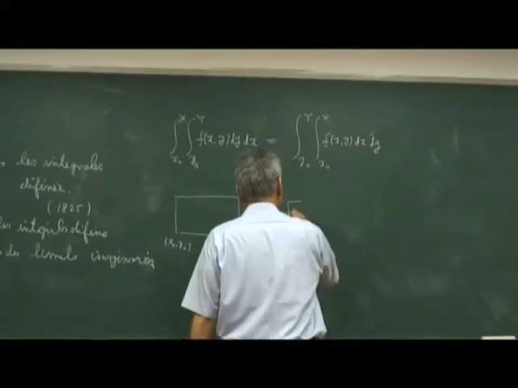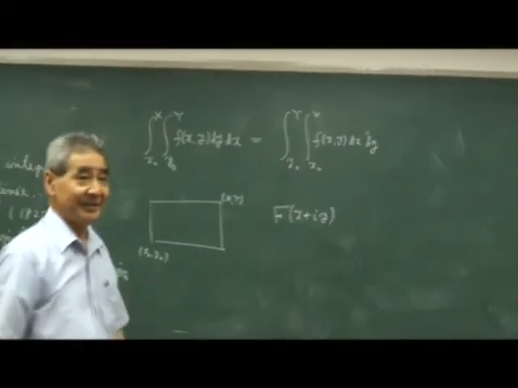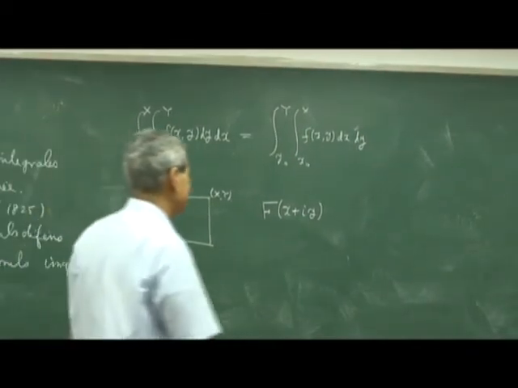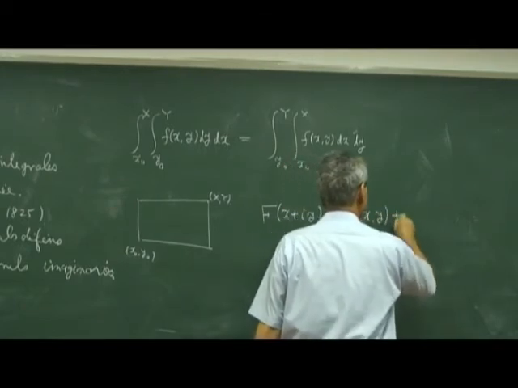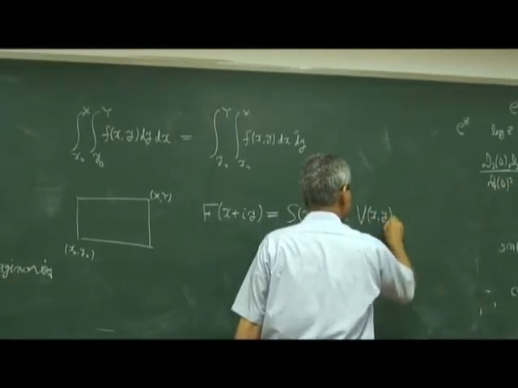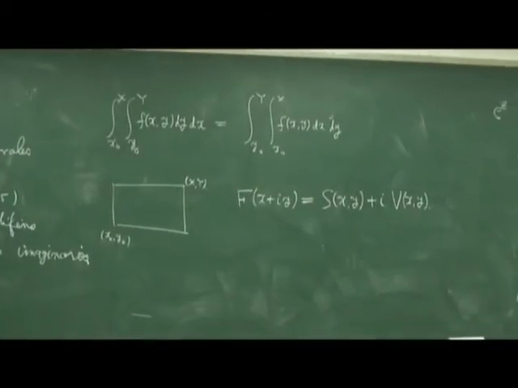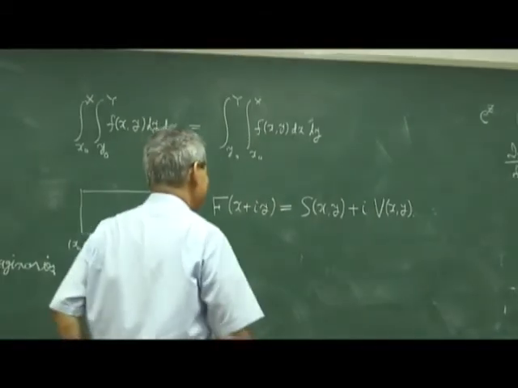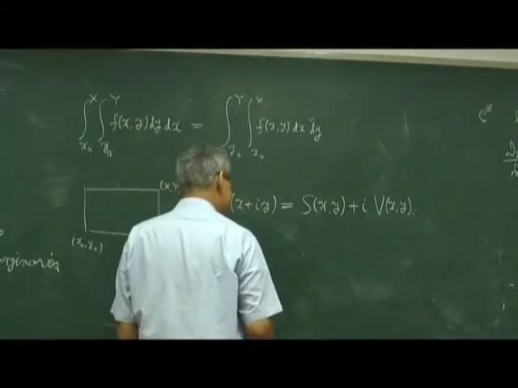He considers a function of complex variables. Okay? This is a complex valued function with complex variables. And he wrote this as the real part of this function and the imaginary part of this function. Okay. And then Cauchy remarked, I don't know.